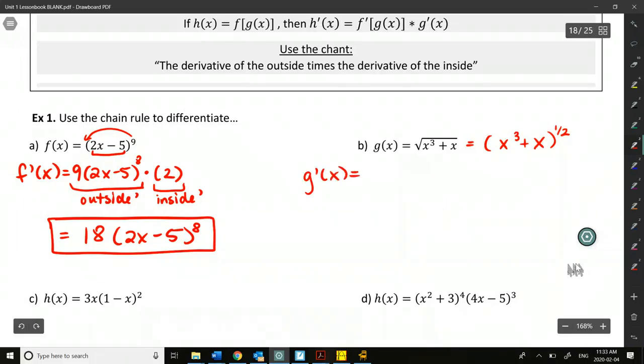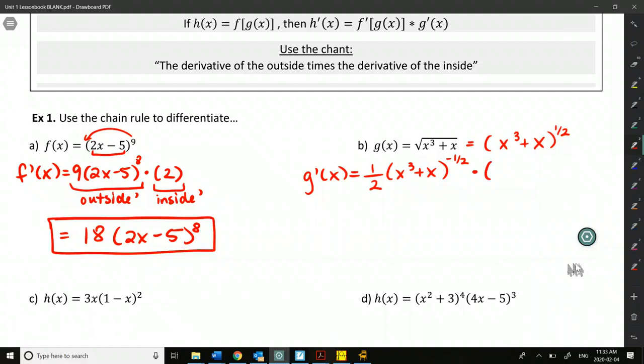We're going to take the derivative of the outside, just applying power rule here. We have to bring down the half and then subtract 1. So we'll get negative half there. And then I have to multiply by the derivative of that inside portion, the derivative of x cubed plus x. So that will be 3x squared plus 1.